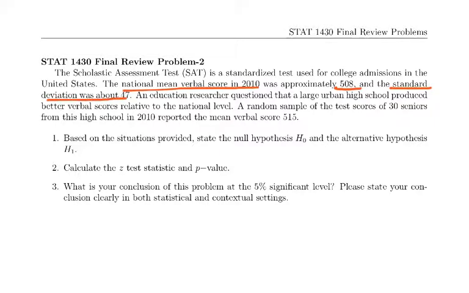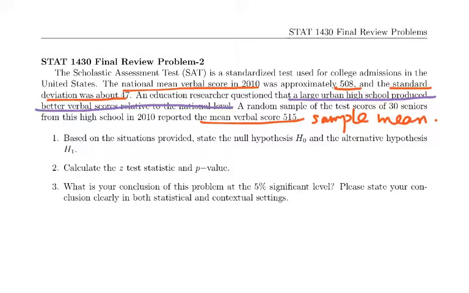An education researcher questioned whether a large urban high school produced better verbal scores relative to the national level. A random sample of the test scores of 30 seniors from this high school in 2010 reported a mean verbal score of 515. So this 515 is the sample mean.